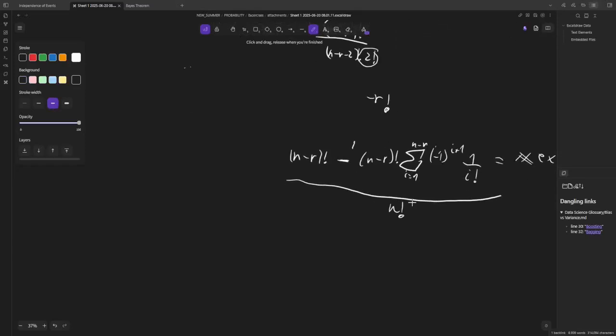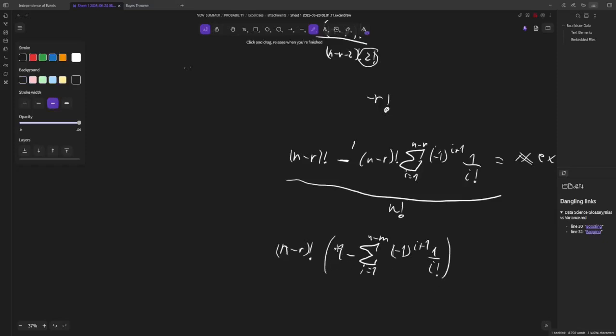Okay, so you can have common factor n minus r factorial times 1 minus this sum, I equals 1 to n minus r, of minus 1 to the I plus 1 over I factorial.